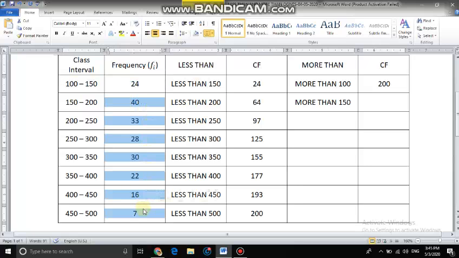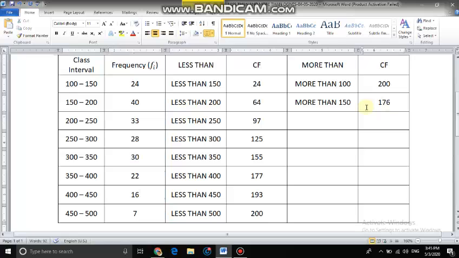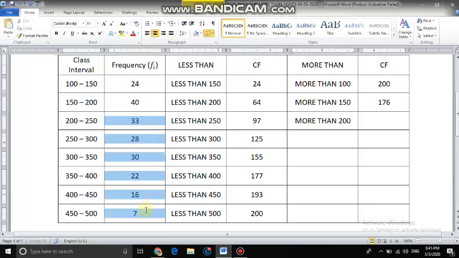So I have to add only these numbers. If I add the sum of all these numbers, it will give me, I think, 176. Okay, so the next one will be more than 200. When I say more than 200, only these numbers will be added. So the sum of all these numbers will give me 136.